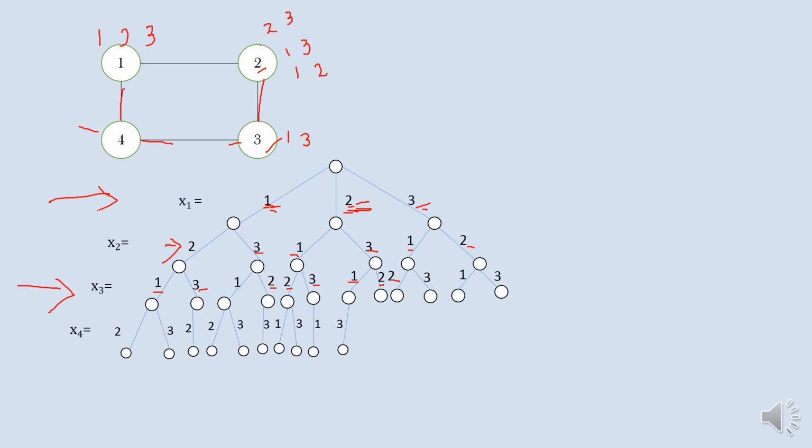So the only left out option is the color 1 to be given to the vertex 4. Vertex 1 is given the color 3 and even vertex 3 is given the color 3. So the left out colors are colors 1 and 2. So the fourth vertex can be colored with either 1 or 2. So x4 can take the values either 1 or 2.